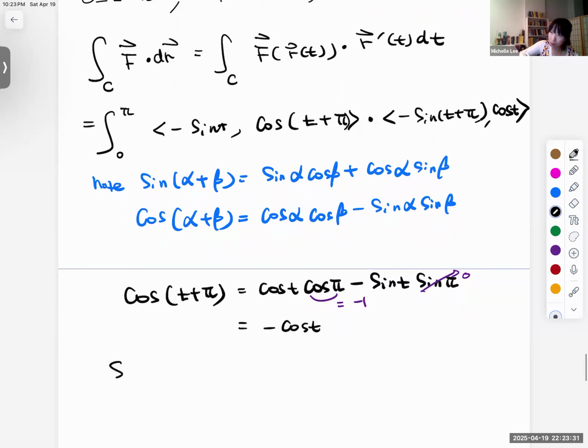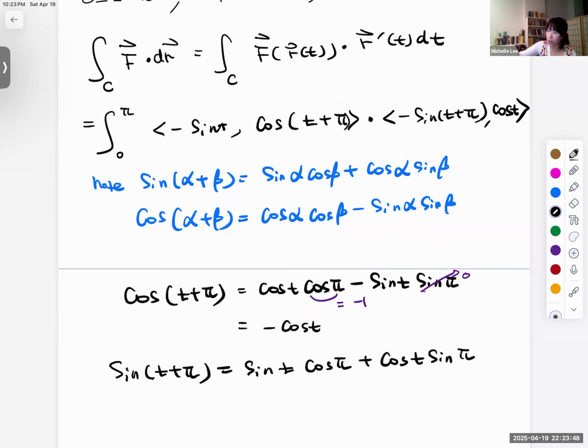How about sine t plus pi? Follow the formula: sine t cosine pi plus cosine t sine pi.